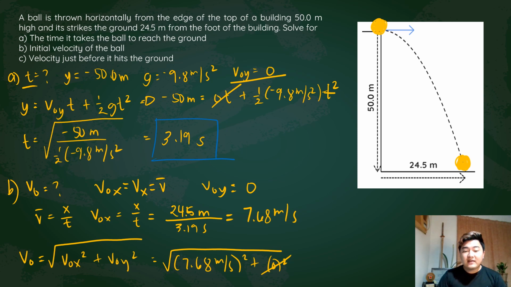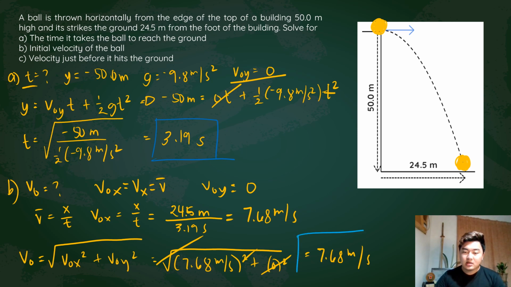Now, you're only left with 7.68 meters per second squared and the square root of it. You can just cancel the square root and square. So you're left with 7.68 meters per second. Therefore, the initial velocity is 7.68 meters per second. Okay?